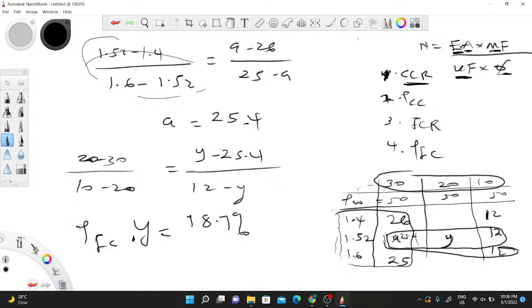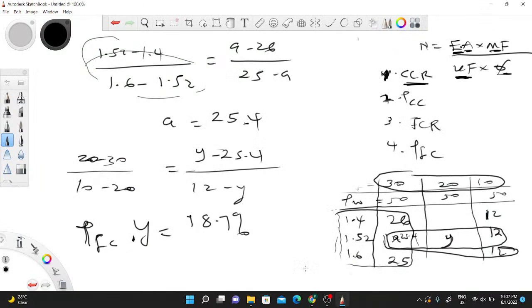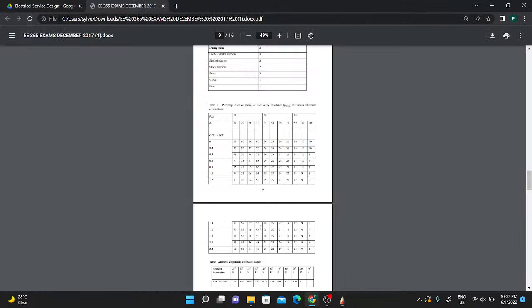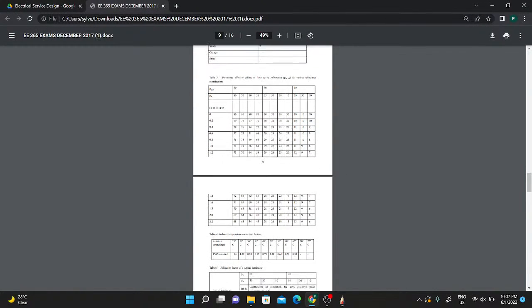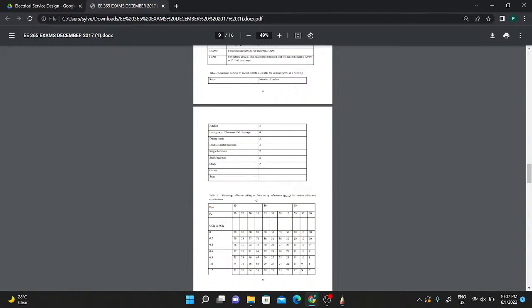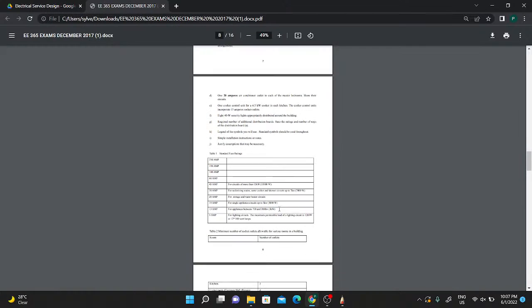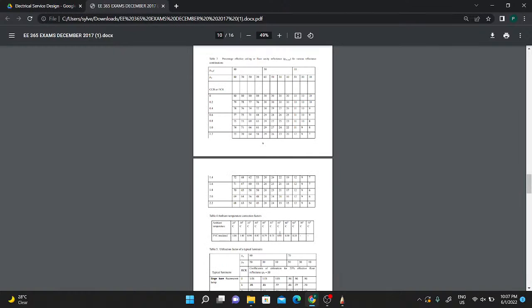So we went through these steps to find our row FC. We are at step 4 to find our row FC. Now our row FC is 18.7, but if you check inside the tables, we don't have a table of row FC equal to 18.7.